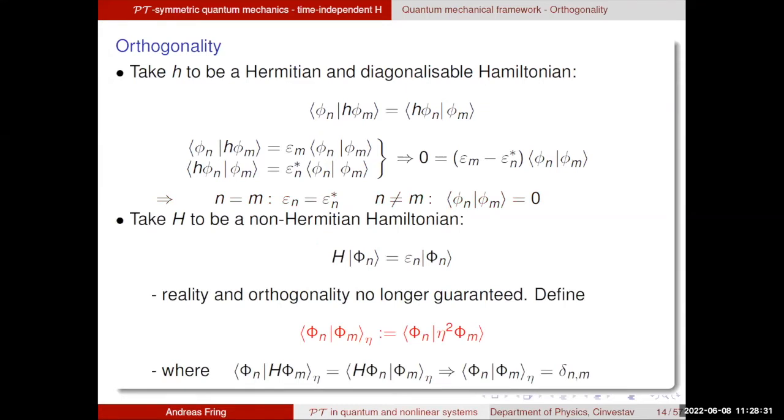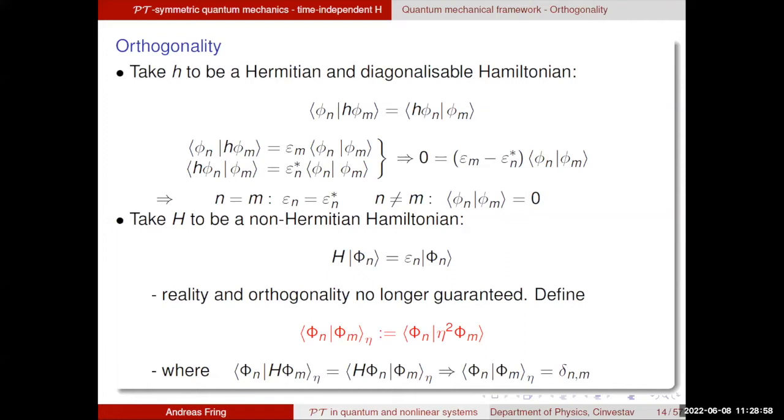Now, if I redefine my inner product, so this was used here, we had the standard inner product. I put here an eta squared, and remember, eta was this similarity transformation. Actually, I'm assuming here that eta is Hermitian. This was this object rho, which in general is eta dagger eta.